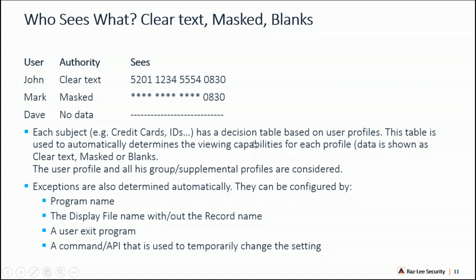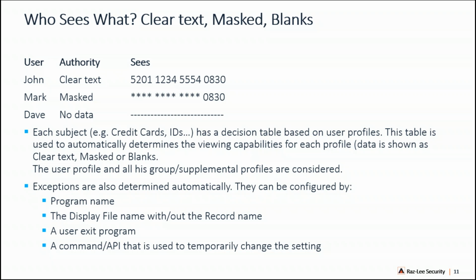Okay? So, the way that we do it is the following. For each subject, be it credit cards, or personal information, or anything else, we have a decision table which is part of the software. And that decision table is based on user profiles. With this table, the product can in real time, at the time that a record is accessed, determine whether to show the data as clear text, masked, or blank.